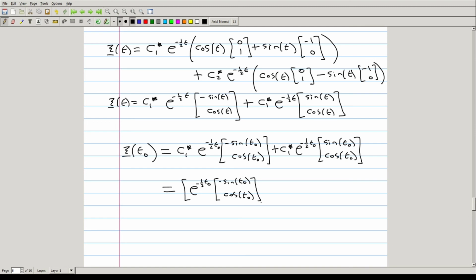The first column in the matrix is this, and the second column in the matrix is e to the negative 1/2 t naught times sine of t naught, cosine of t naught, times the vector c1 star, c2 star.